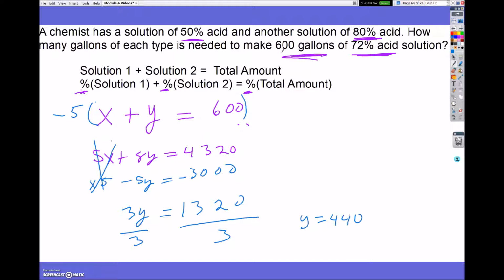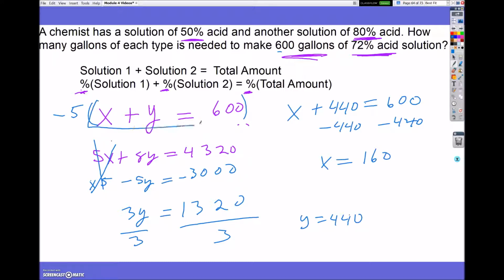So that means I need, out of my 600 gallons, 440 of them are going to be the 80% solution. So to figure out what the other gallons of the 50% solution is, we just solve for x. And that would be x is equal to 160. Now to figure that out, I just plugged 440 into that first equation that I came up with.